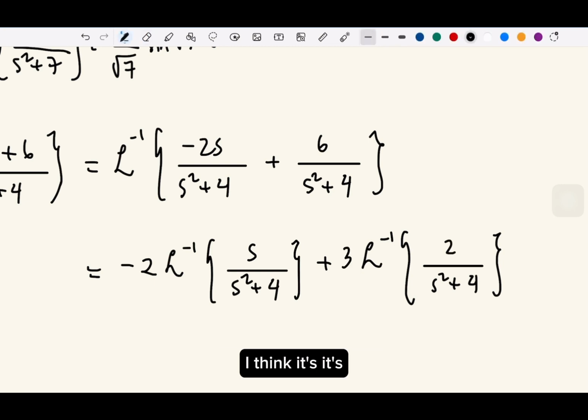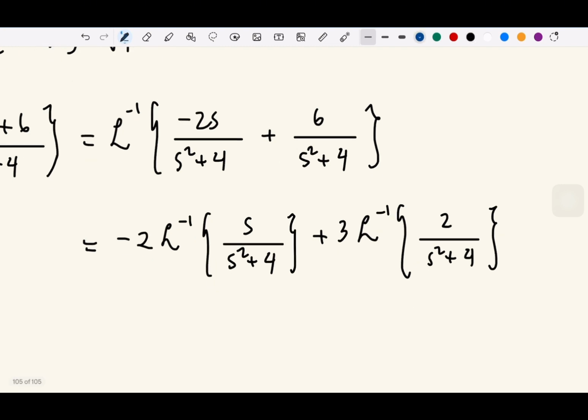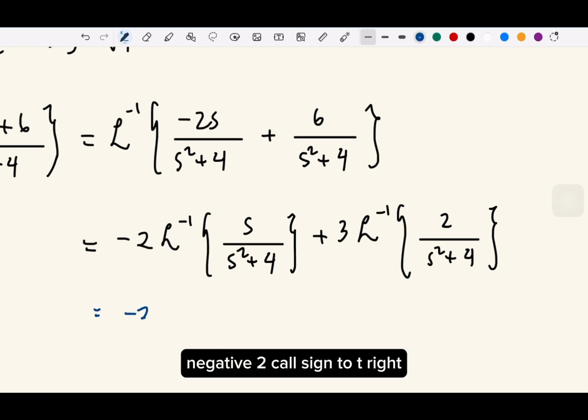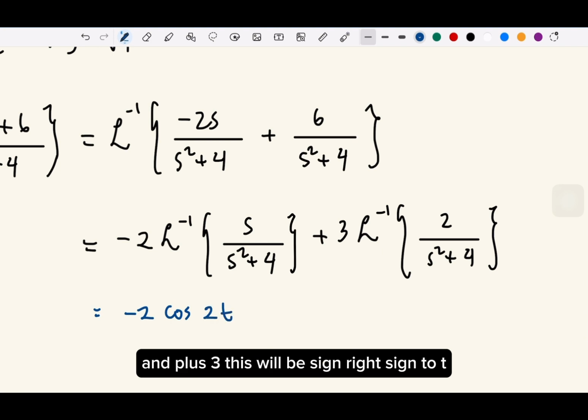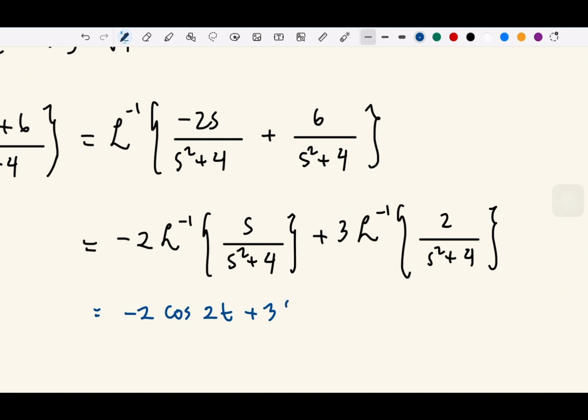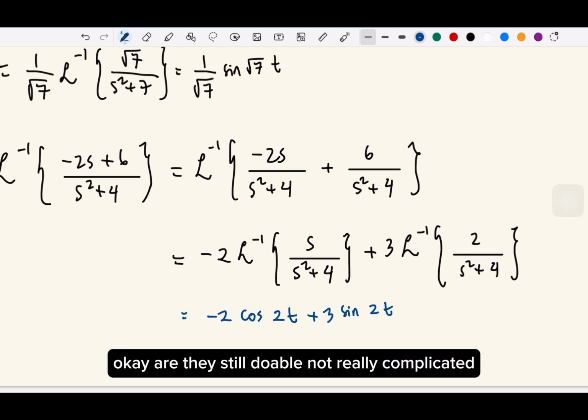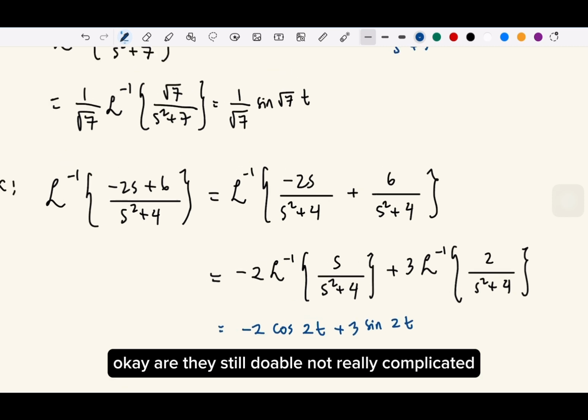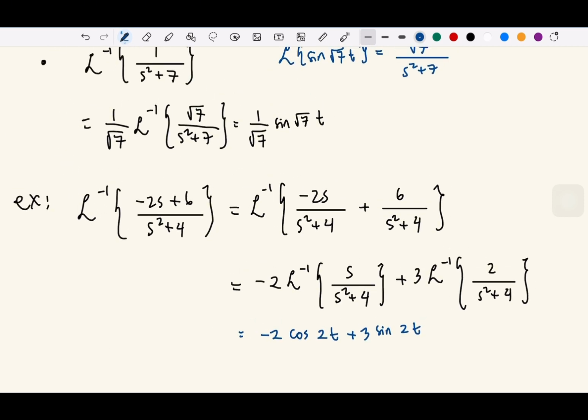I think it's doable. And we can see that this will be negative 2 cosine 2t, right? And plus 3 sine 2t. Okay. I think still doable, not really complicated.